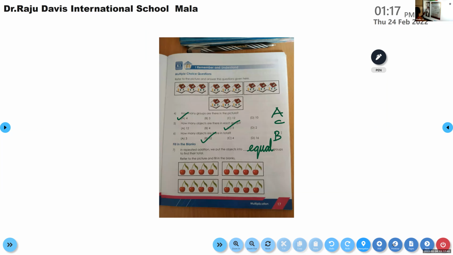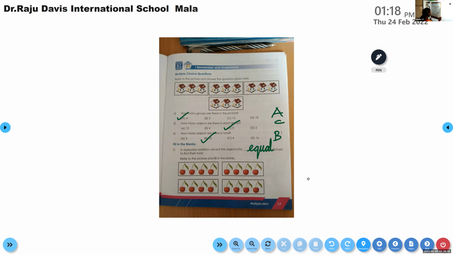So let me ask Rishan, Mohammed Rishan, how many groups are there? There are 4 groups. So each group having how many apples? 4. Each group means one group having how many apples?